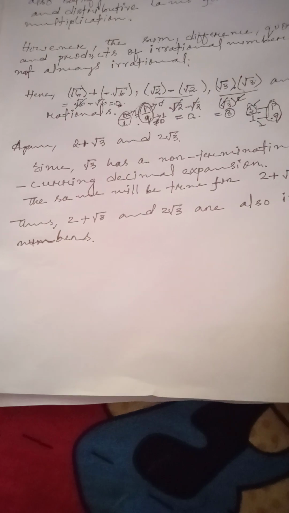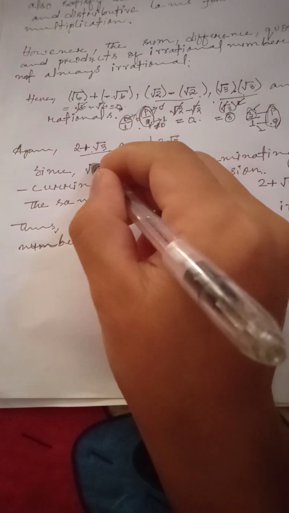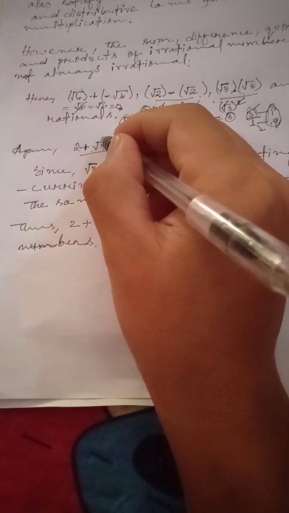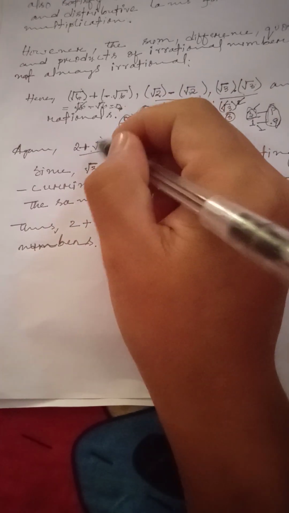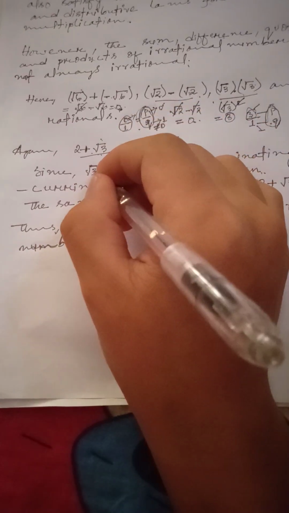Okay, let us move to this. Here 2 plus root 3 and 2 into root 3. So this is a little bit different from here. In this case, what should we take first? First of all, we have to take this root 3 into account. So what is the value of root 3?